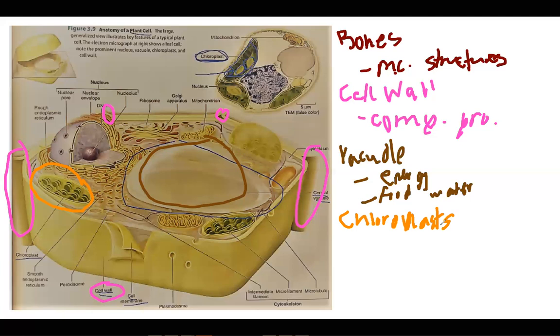But how? Inside chloroplasts there is chlorophyll, and chlorophyll helps plant cells use sunlight to make sugar, and then the sugar is used for energy. In other words, chloroplasts help in photosynthesis.